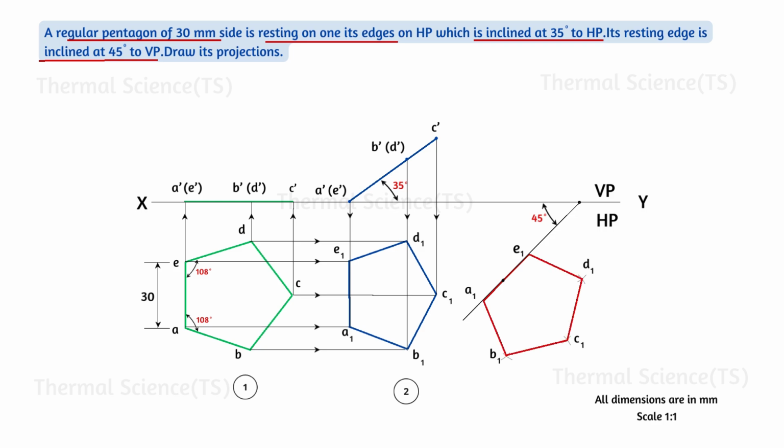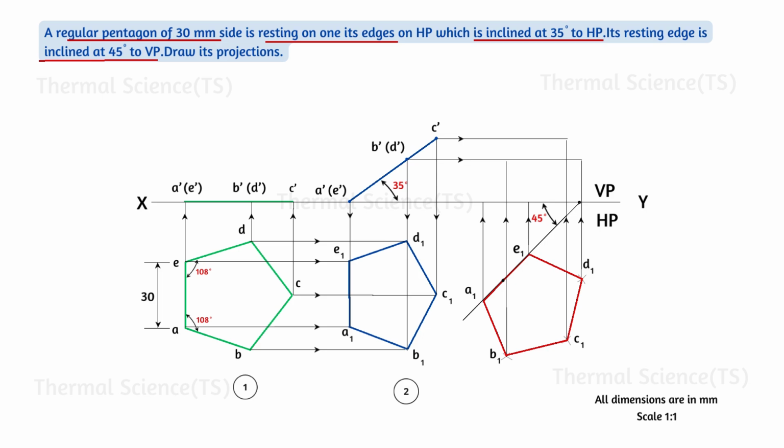For obtaining the final front view, we have to draw the projection lines from these 5 points. Draw projection lines vertically upwards. Next, from the second front view, draw projection lines horizontally towards the right, intersecting the vertical projection lines. We have to trace the horizontal and vertical projections to get the points.